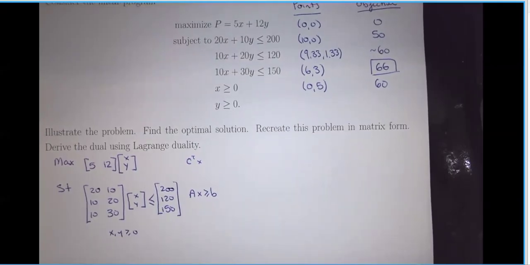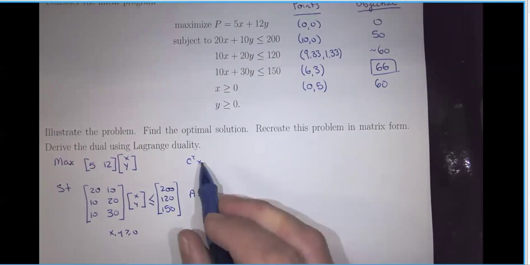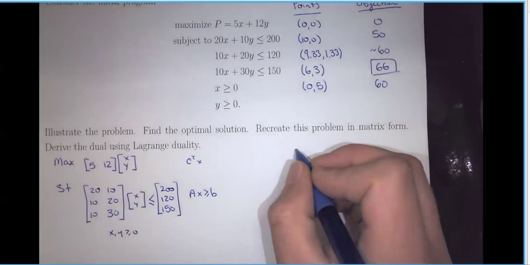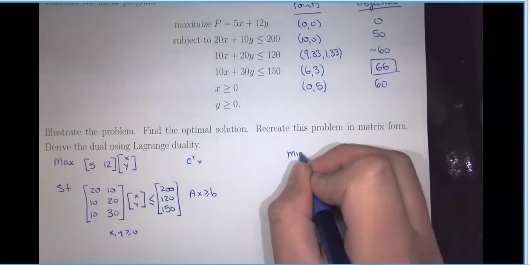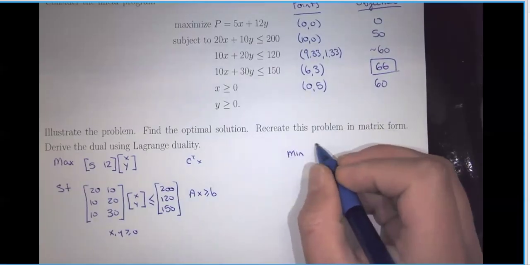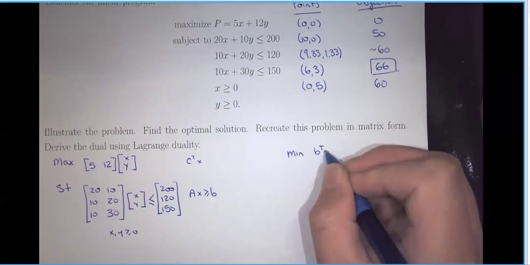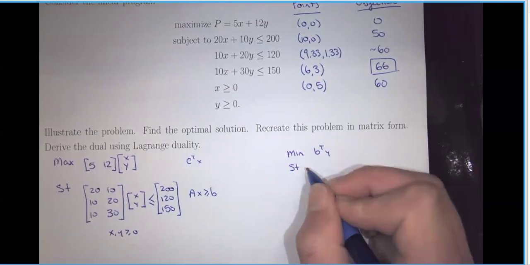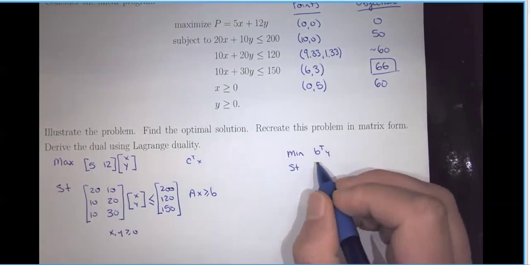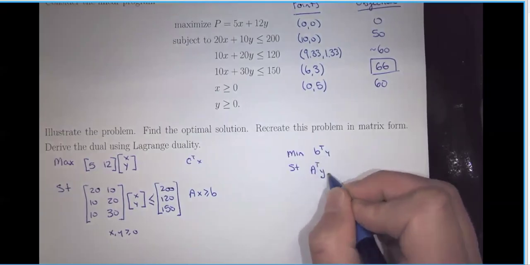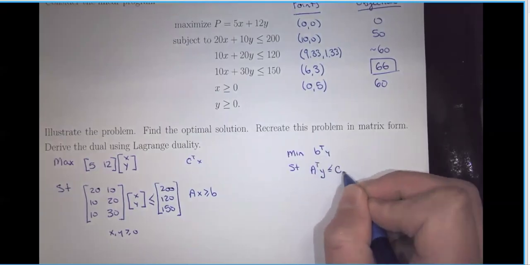Okay, now, if we look at these two problems, our dual problem is going to be minimize B transpose Y, subject to A transpose Y less or equal to C.